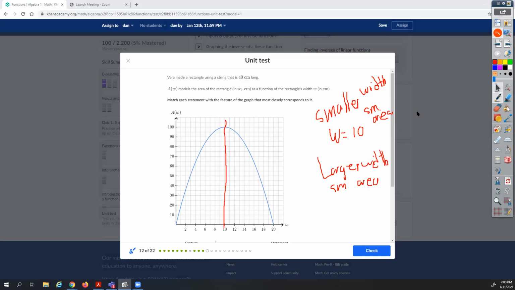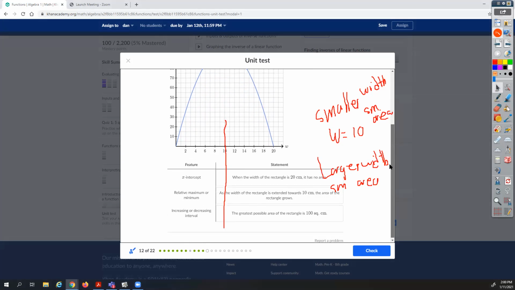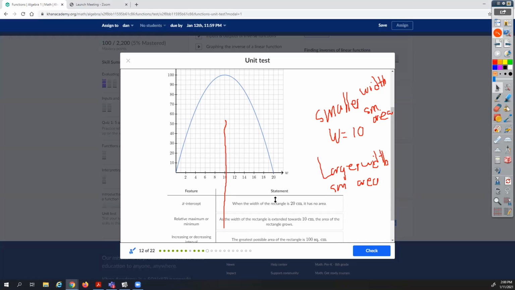So if we take a look at this part here, let's look at the information that's given. Well, the x-intercept means what? When the width of the rectangle is 20, it has no area, right? We know that. Or when it's actually 0. So we know the x-intercept is actually here, all right? When the width of the rectangle is 20, because it shows here this is 20, remember?